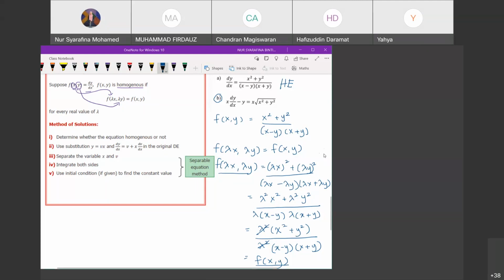All right. What is your answer? Is it homogeneous or non-homogeneous? Can you prove it? Done?